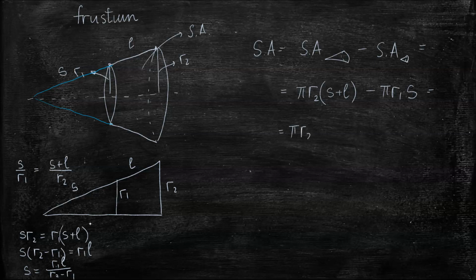So here we have pi R2 times R1 L over R2 minus R1 plus L, minus pi R1 times R1 L over R2 minus R1, and now we just need to simplify it.